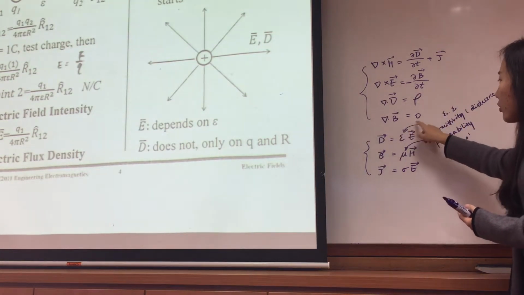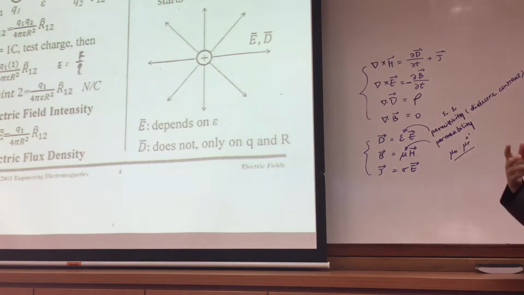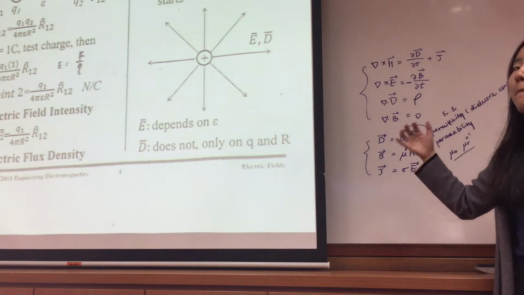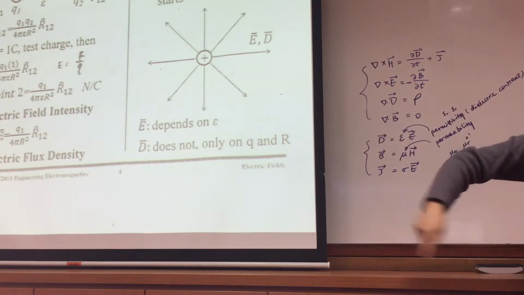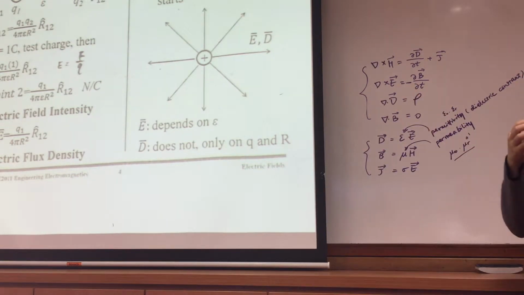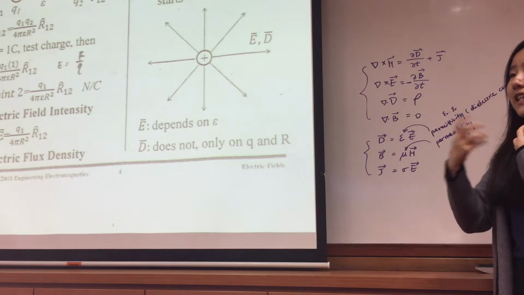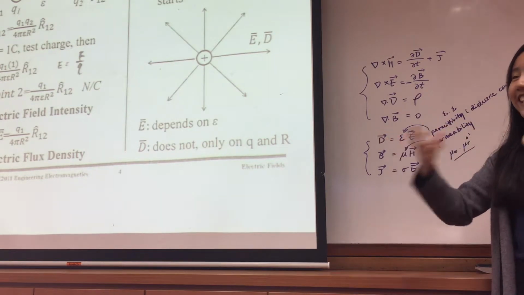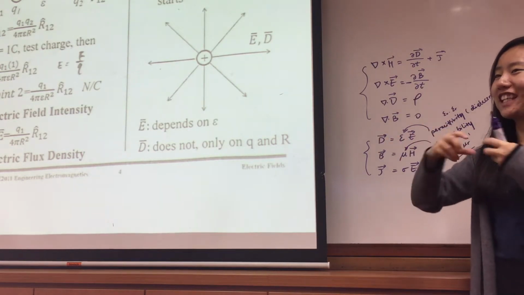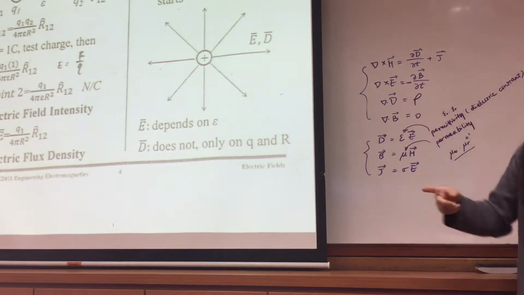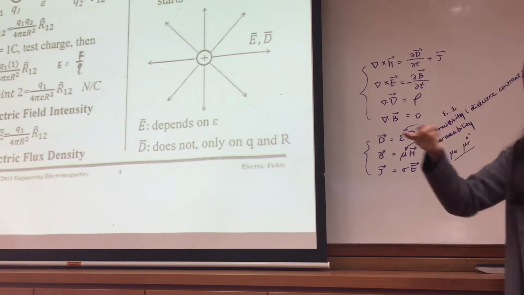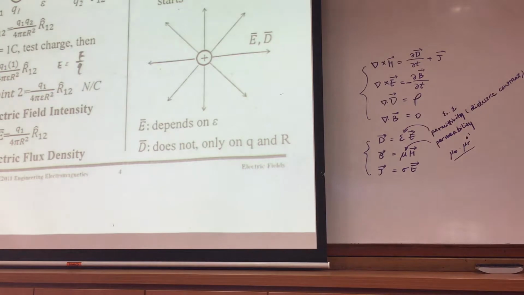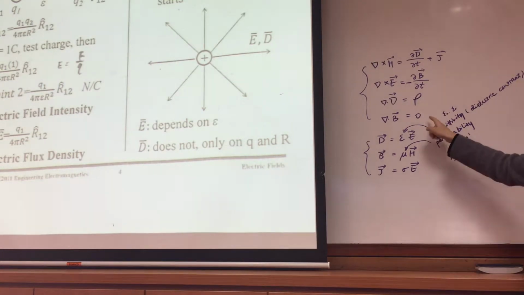This divergence of B equals 0 just means that whatever magnetic field goes outside will come back. If you have an enclosed surface, like if you have a magnet with a north pole and a south pole, all the magnetic field that's going outside is going to go back to this one. That is the reason why you get a 0.